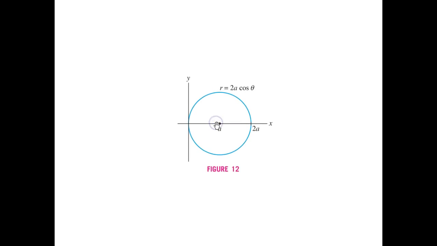Now, how about other shapes? Here's a circle. If that were its origin, that would just be r equals 8.